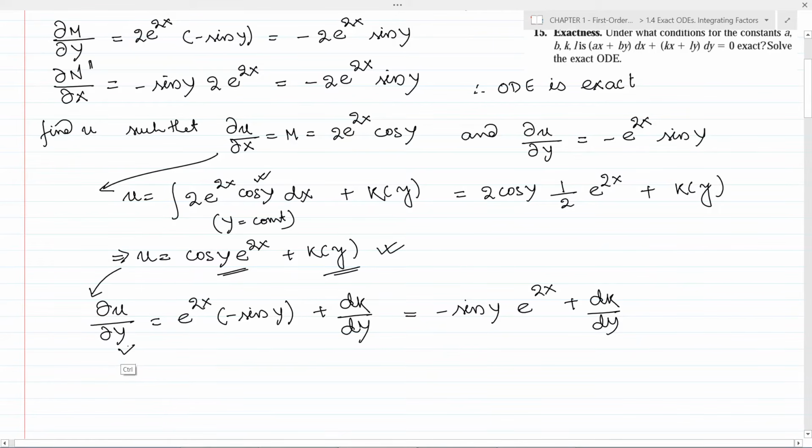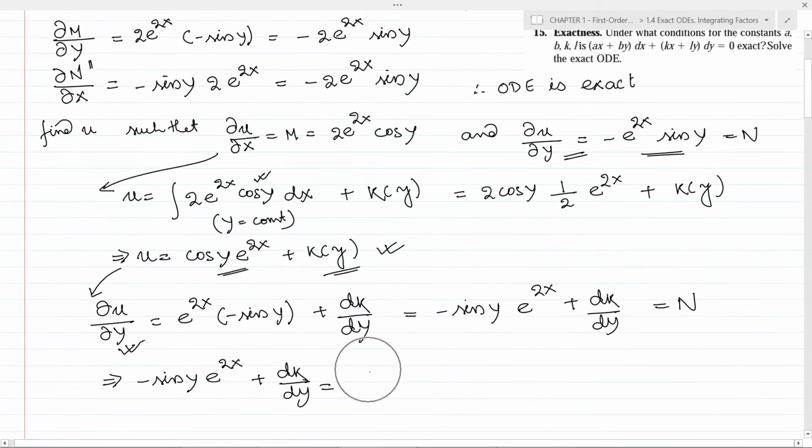We have del u by del y equal to n. So, minus sin y e to the power 2x plus dk by dy equal to the value of n from here, which is equal to minus sin y e to the power 2x.